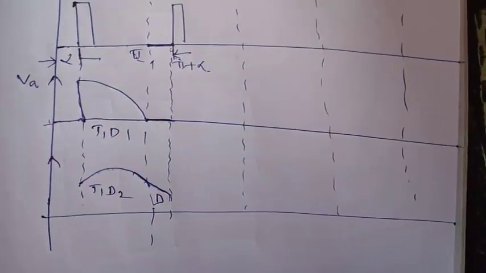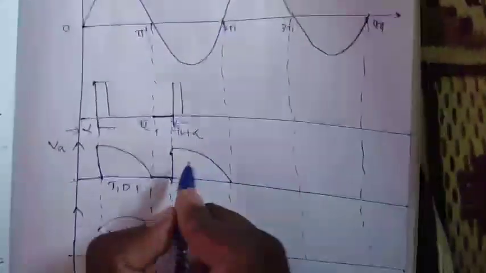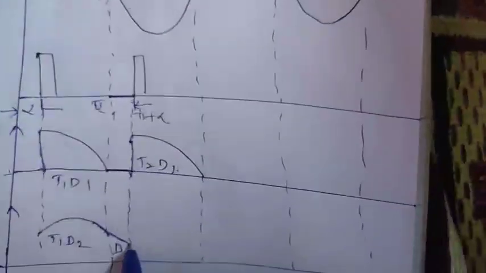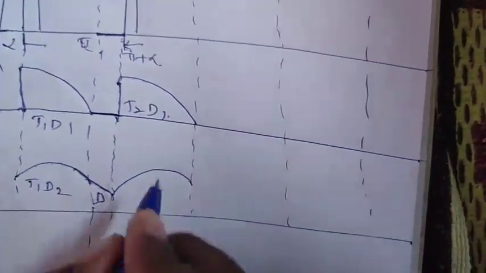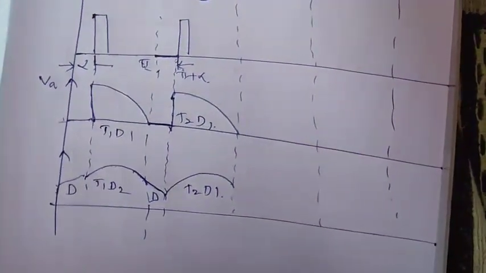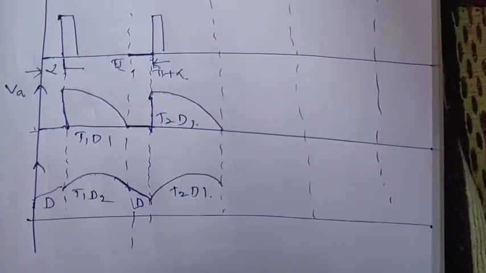After that the voltage appears when thyristor T2 and diode D1 are present, and again current flows through T2 and D1, and during this period also through the freewheeling diode. So this is the operation of the single phase semi converter fed DC drive. We can repeat it again.